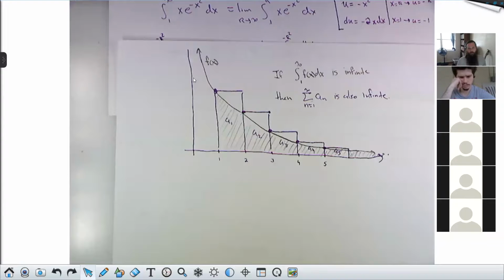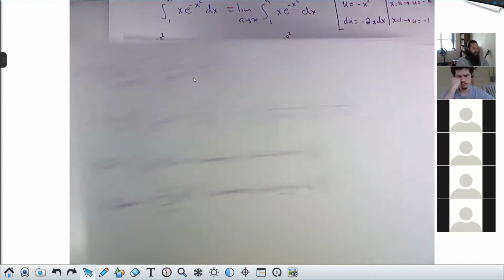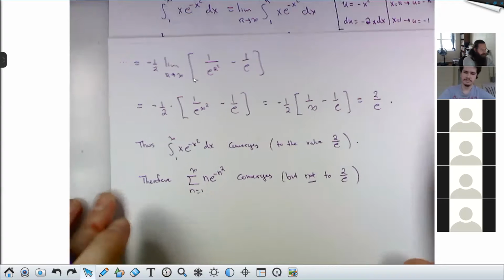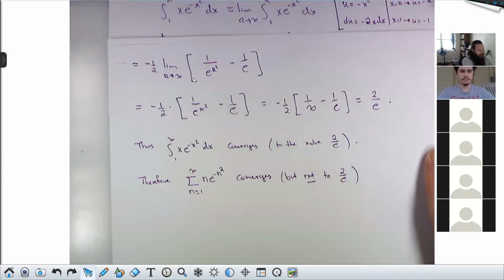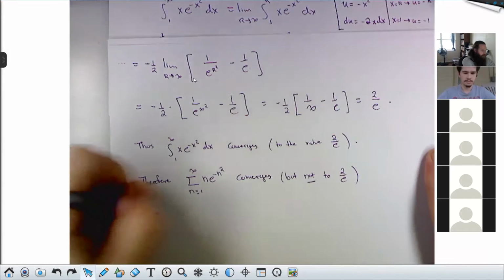No, there's a lot in the rectangles that isn't involved in the curve, right? So the value of the integral and the value of the series are not the same. They are finite together or infinite together. If one is finite, then so must be the other, but their values aren't necessarily the same. So it's true that since the integral converges, the series converges, but we don't know the value of this series.